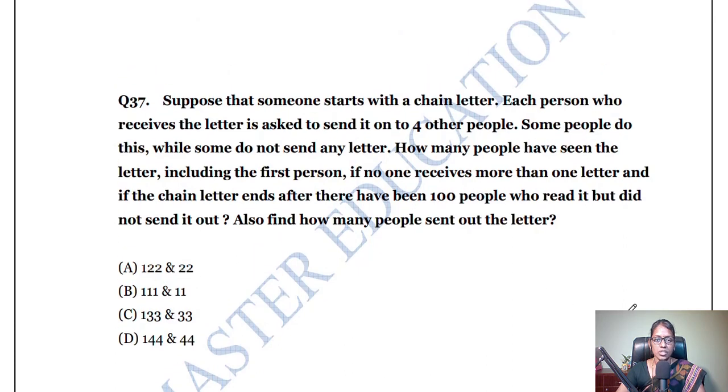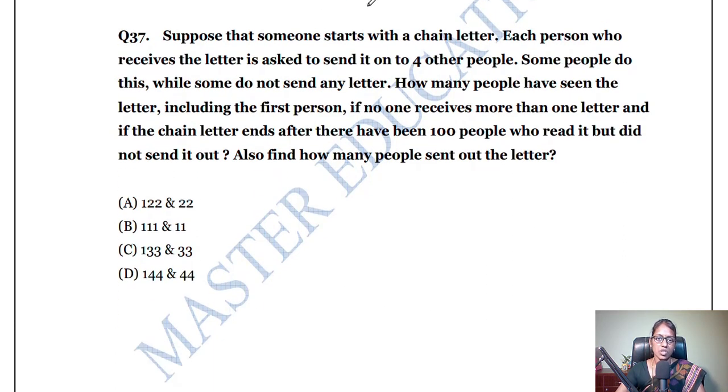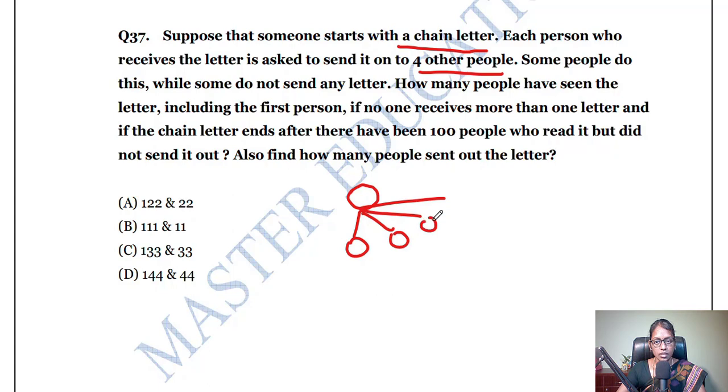The next question is, suppose that someone starts with a chain letter. Each person who receives the letter is asked to send it on to 4 other people. So if this person is receiving one letter, he must send that letter to 4 other people.